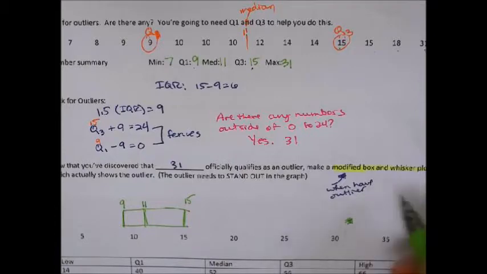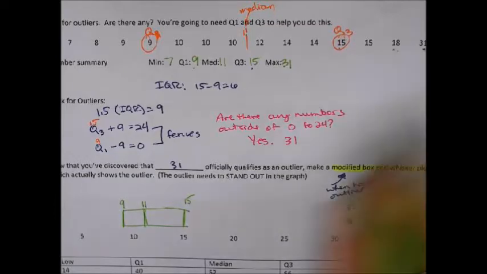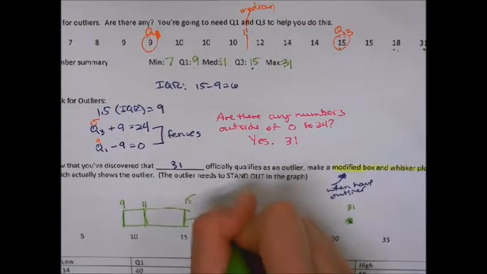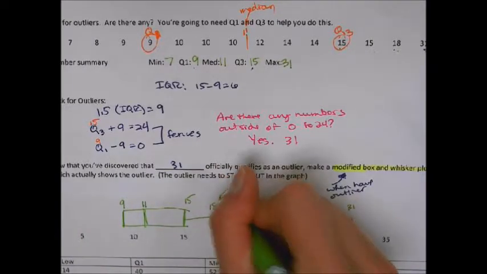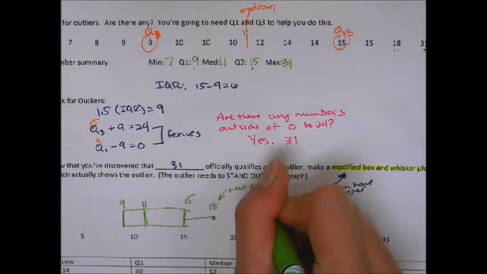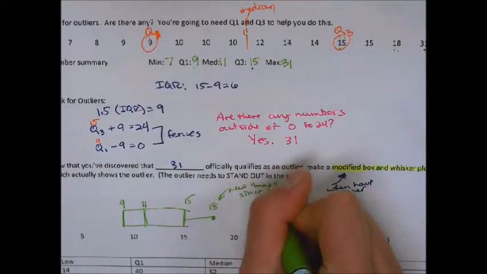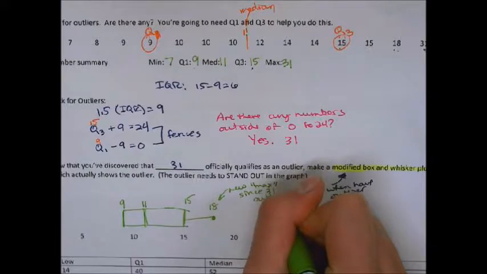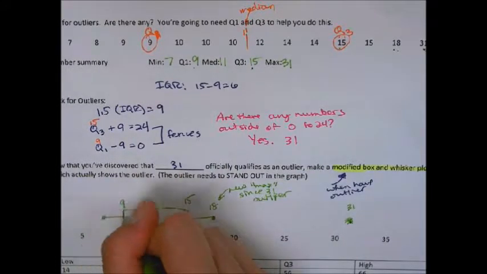Make a little star, and that's 31. So since 31 is my outlier, what's my new maximum? So 31 is my outlier, look. Now I have 18. And then my minimum is 7.